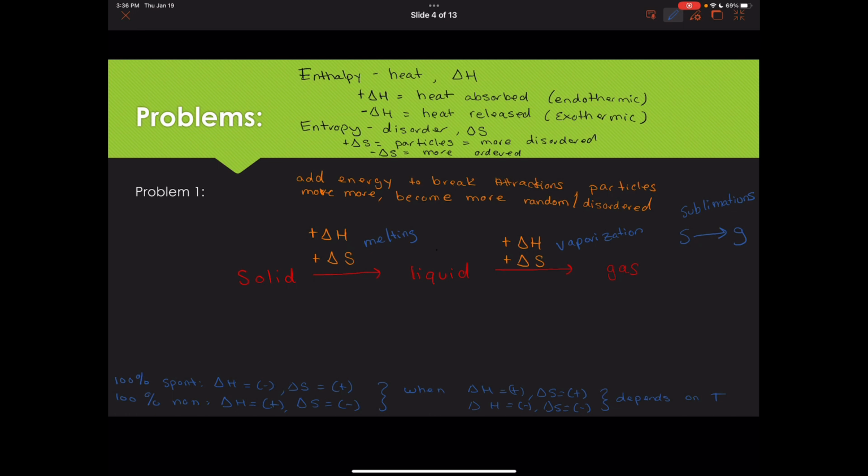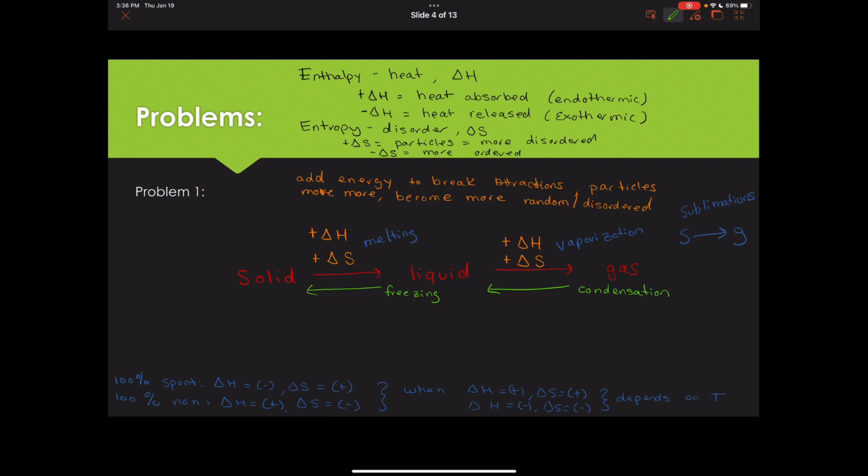Now remember that our phase changes can go the other direction as well. We could go from a gas to a liquid, so we could have condensation occur. We could go from a liquid to a solid, so we'd have freezing.